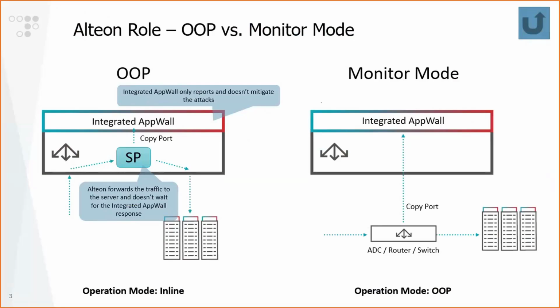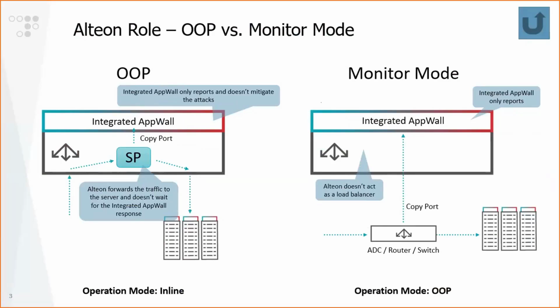The Alteon in this mode acts as a transparent forwarder of traffic to the integrated Apple, which is in monitor mode. The Apple can report the attack and send security events. In both cases, Apple cannot mitigate attacks. If you would like to mitigate, we can use the defense messaging.